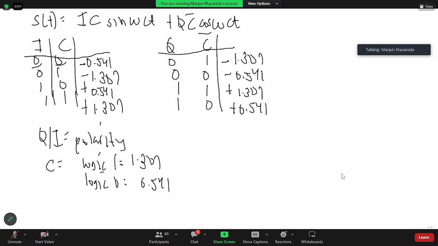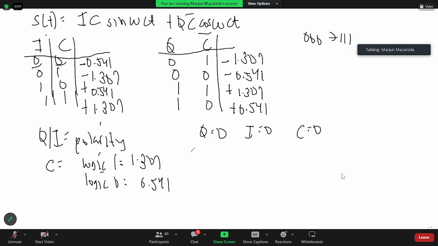And we have the signal function S of t is equal to I C sine omega c t plus Q C naught cosine omega c t. So, isa-isahin natin lahat ng combination from 0,0,0 up to 1,1,1. Start tayo kay Q equal to 0, I equal to 0 and C equal to 0.